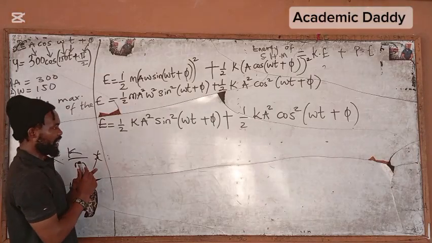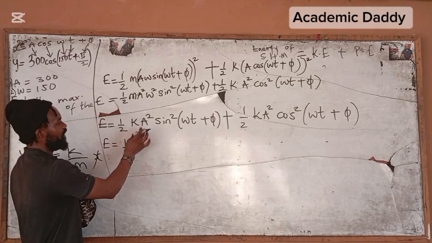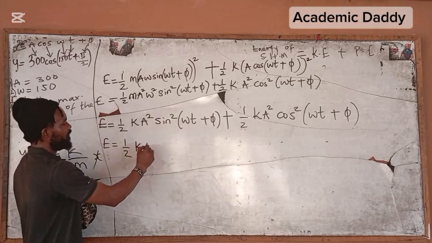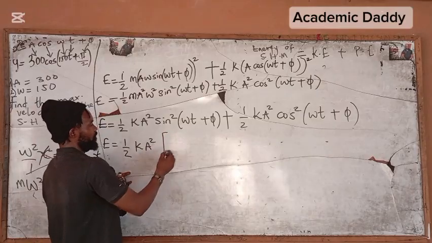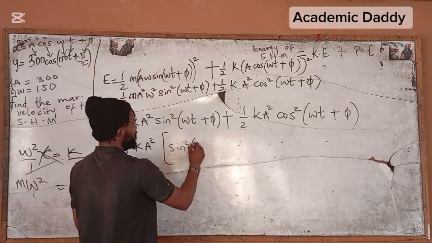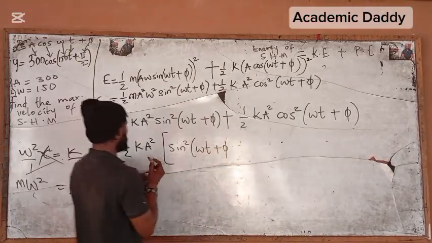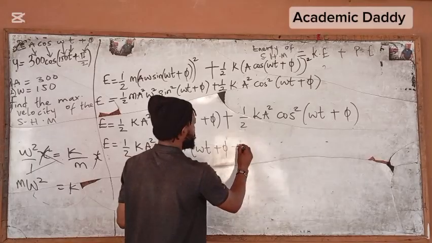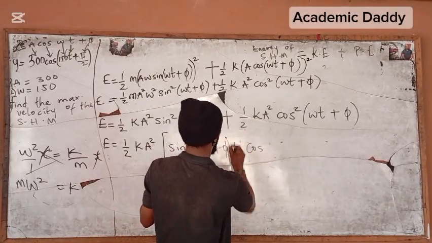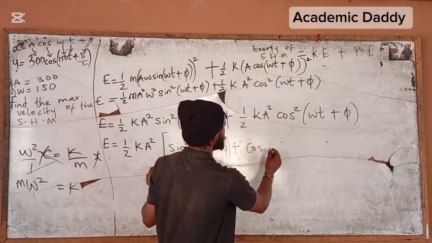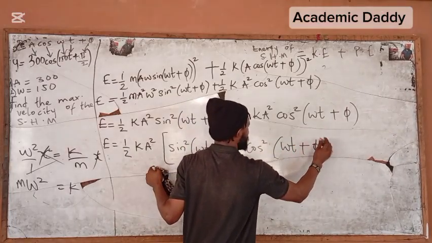That means that I can easily say E is equal to half Ka squared, all into sine squared (WT plus phase angle), plus cos squared (WT plus phase angle).